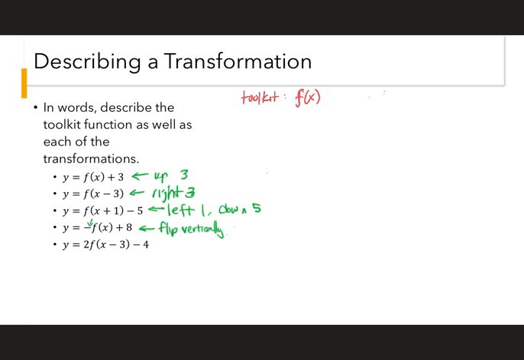Plus 8 means I'm going up 8. And then this last one, I'm going to go vertical stretch by 2. The minus 3 is inside parentheses, so I'm going to go to the right 3, and then I've got minus 4, so we're going to go down 4 at the end of that.